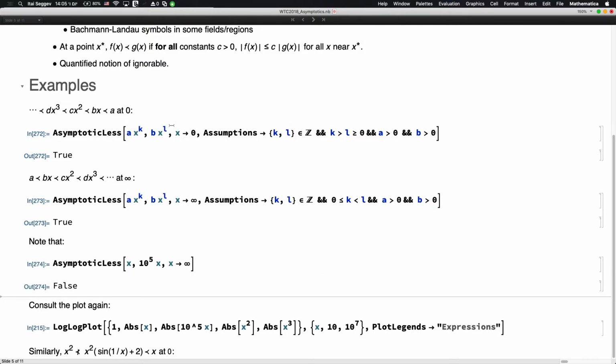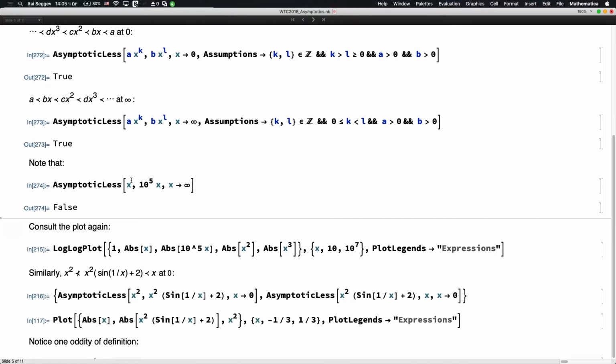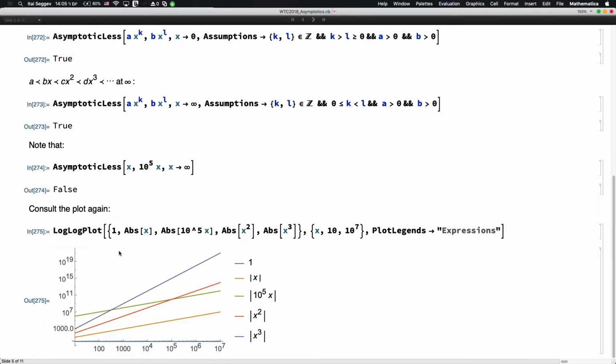Rather than there existing a positive constant c, it has to hold for all constants c greater than 0. This quantified the notion of ignorable. One part was asymptotically less than or equal to; the other part was clearly less than, as determined by this notion, and you could get rid of it.